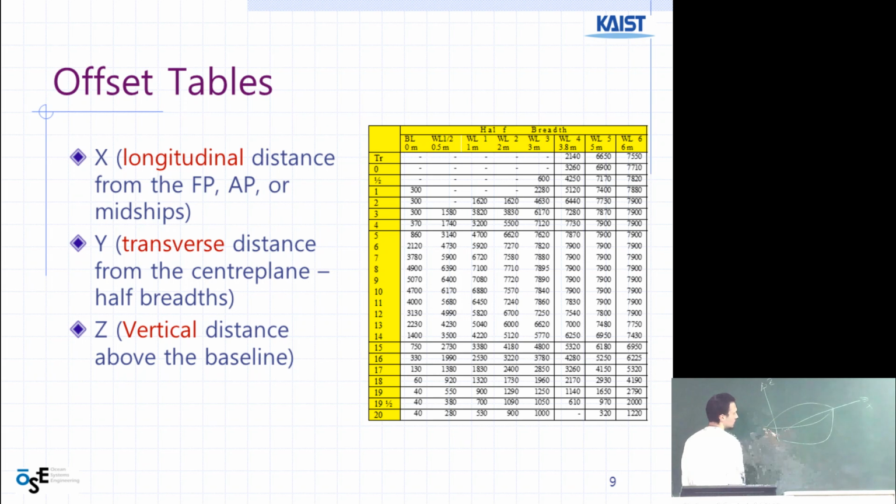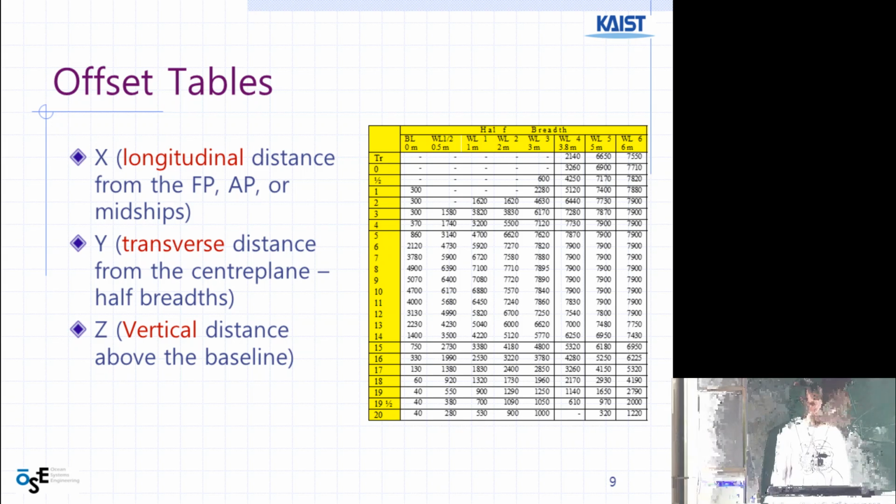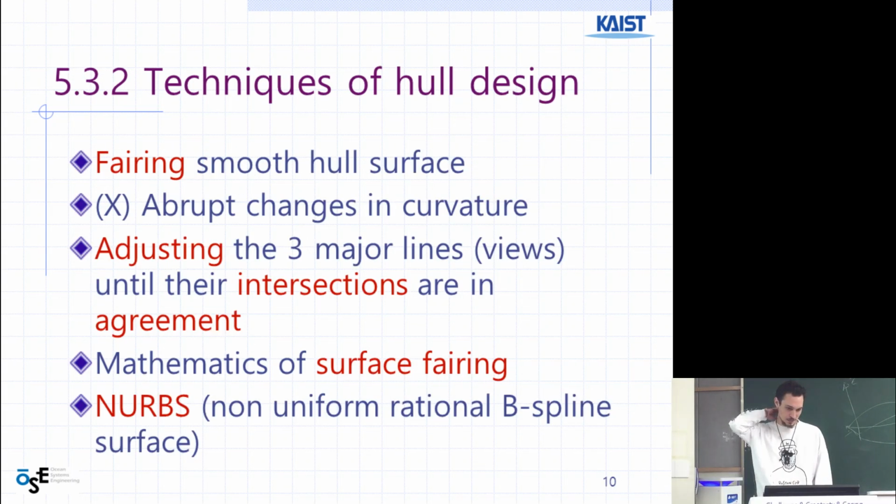So we can express the lines in the form of a table. That's the main information. The lines should have some characteristics. They must be smooth, which is called fairing.